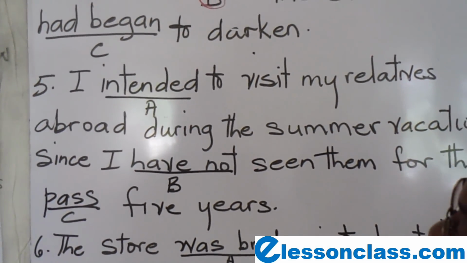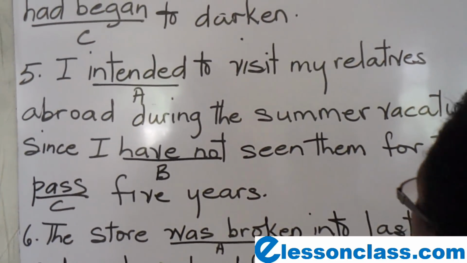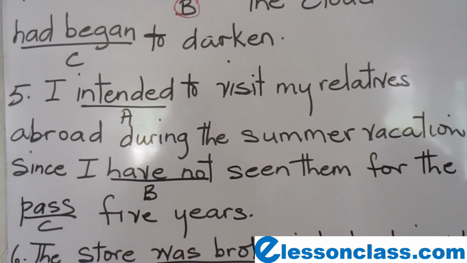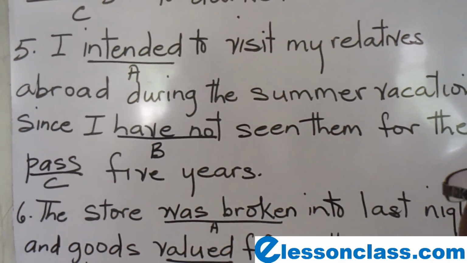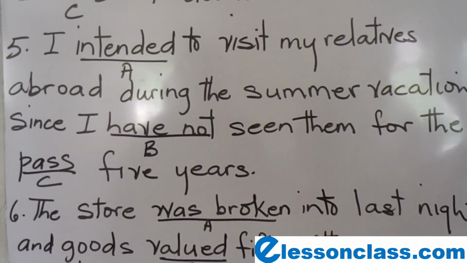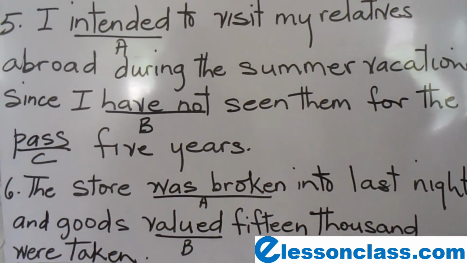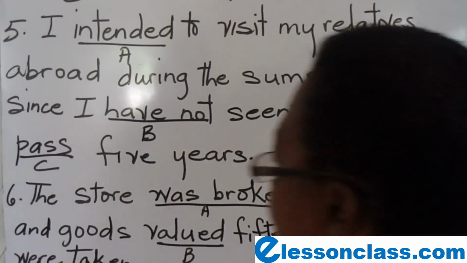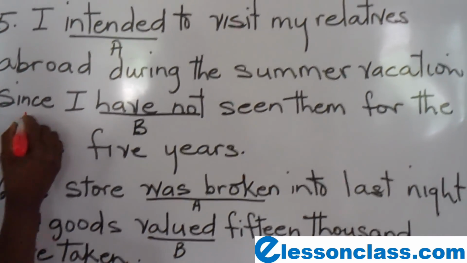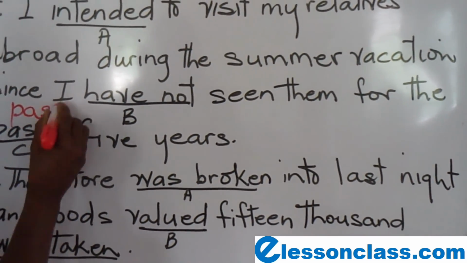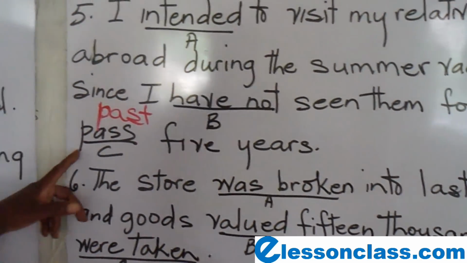Number 5 says, I intended to visit my relatives abroad during the summer vacation, since I have not seen them for the past 5 years. Now, if the years are past, it would not have been PASS, it must be PAST, for the past 5 years.